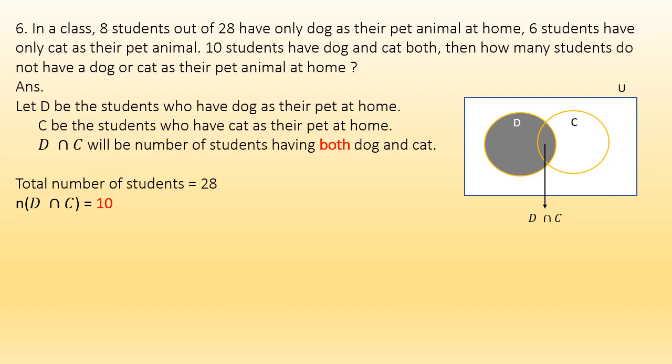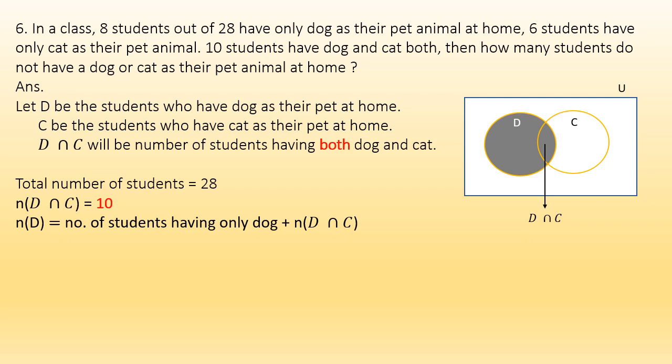So n of D is equal to the students having only dog plus n of D intersection C. Now we'll put in the values.